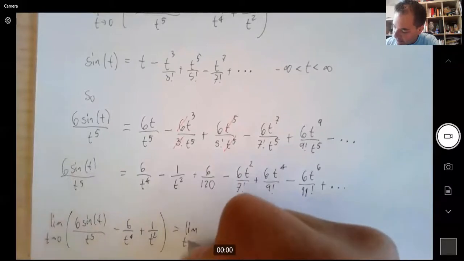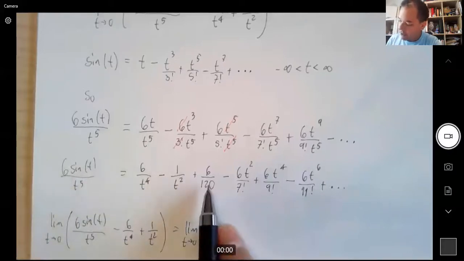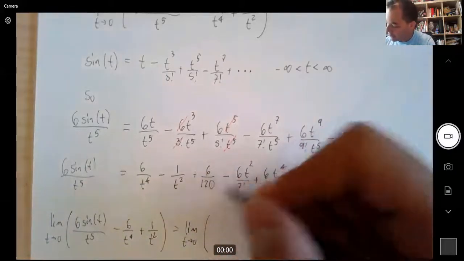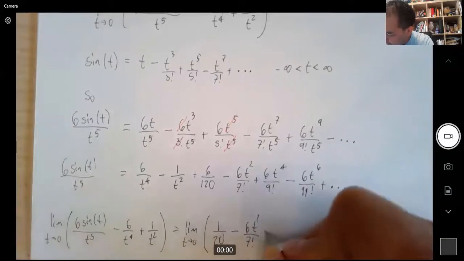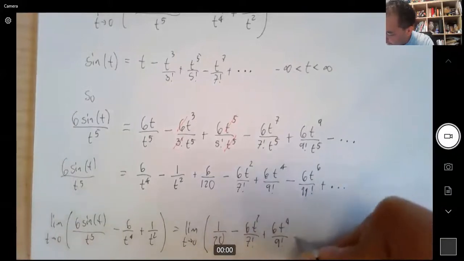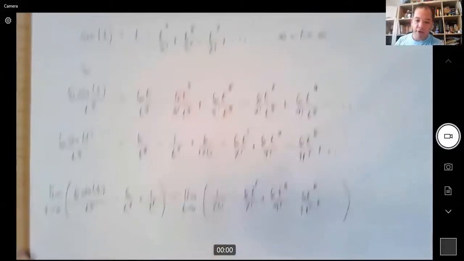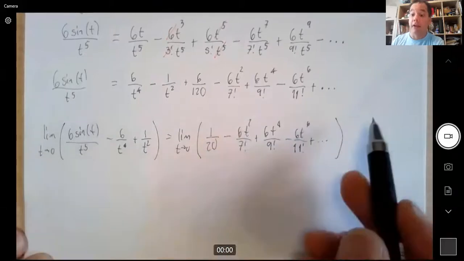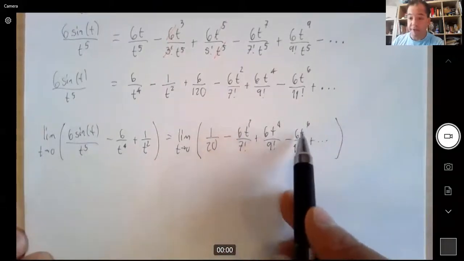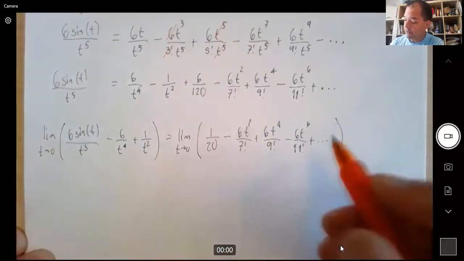Well, that's the same as the limit when t approaches 0 of, remember, we move this to the other side of the equality, so we only get this other stuff, right? 6 over 120, that is 1 over 20, minus 6t squared over 7 factorial plus 6t to the fourth over 9 factorial minus 6t to the 6 over 11 factorial, etc. The important thing to note here is that all of these terms, starting from the second, are t to the something, right? t squared, t to the fourth, t to the sixth, t to the eighth, t to the 10th, etc. So what's going to happen when we let t go to 0?